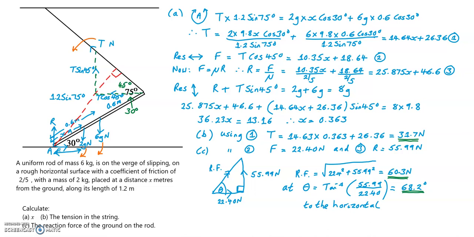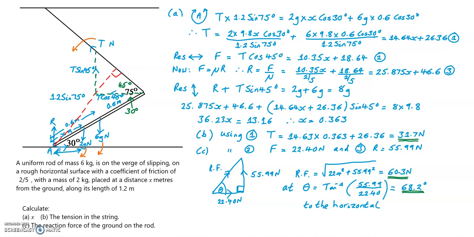So making T the subject of that formula, I have divided each of the two terms on the right hand side by 1.2 sine 75 degrees. And this gives the tension in the string in terms of x, as shown by equation 1, 14.64x plus 26.36.